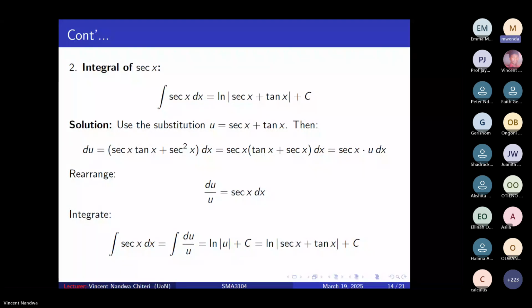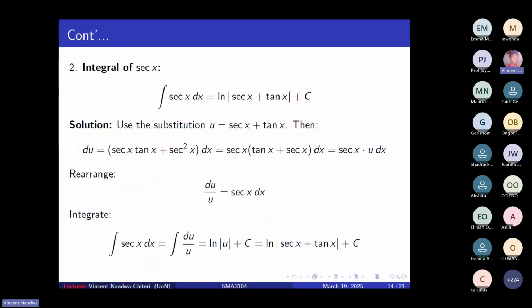Sec squared x plus sec x tan x, correct. So when you multiply through, you get sec squared x plus sec x tan x.